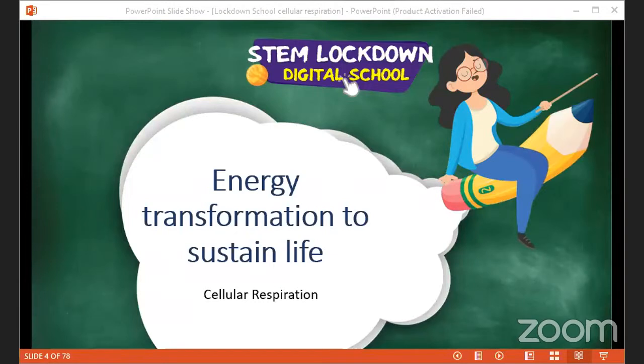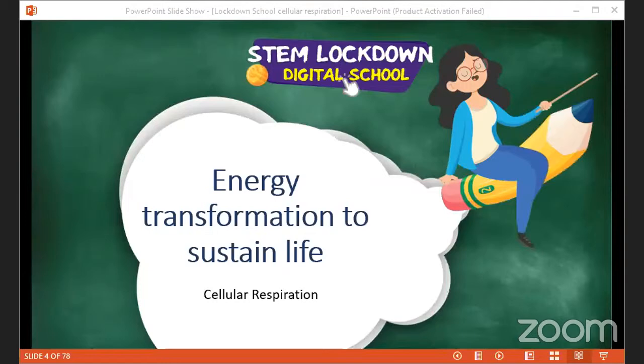Cellular respiration does not have anything to do with breathing. Gaseous exchange is where we talk about inspiration and expiration, breathing in and breathing out. But in cellular respiration, we'll be looking at how we use oxygen to break down glucose in order to get energy from that.